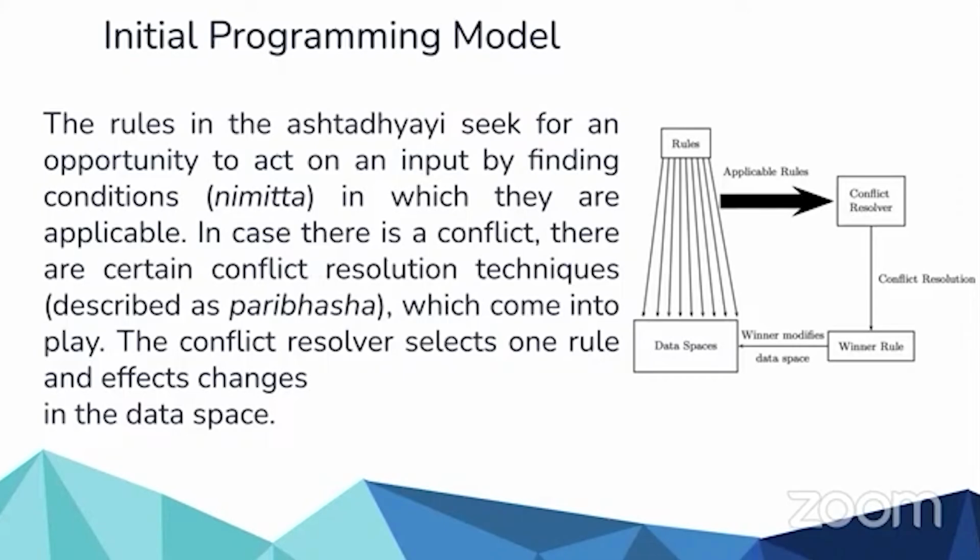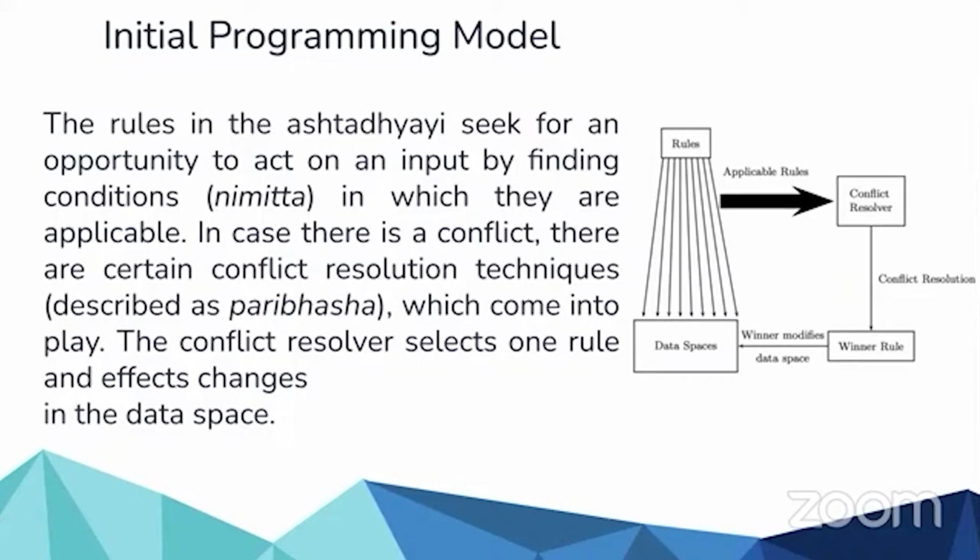And there are all the rules that are observing that data space, and they are seeing, am I applicable at this particular time? Whenever a rule finds applicability, and if there are multiple rules that are applicable, they are sent to this conflict resolver module. As I said, this can be a module that can work with various vartikas, paribhashas, and see what happens if I apply this versus that.